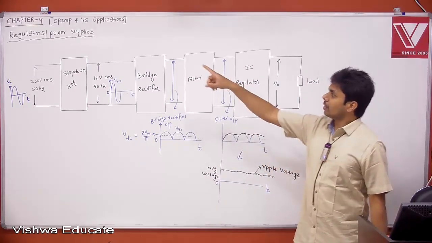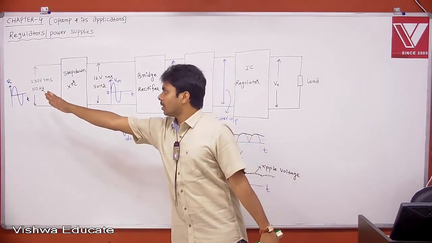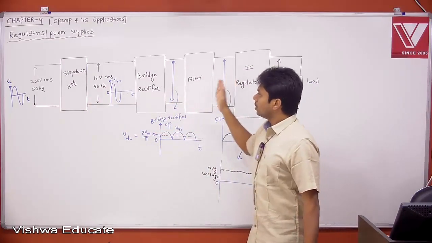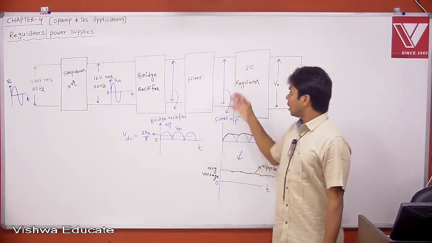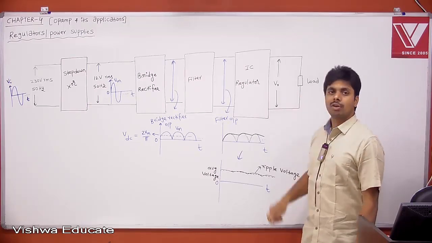Even though regulators are power supplies, this is common for everything, remember. Up to the filter output, this is the default. Then the type of IC regulator you use is what defines your output voltage.